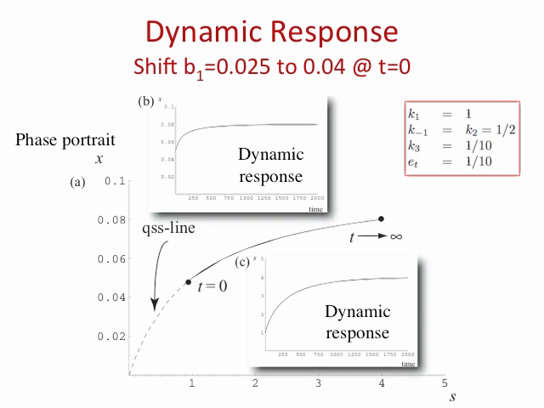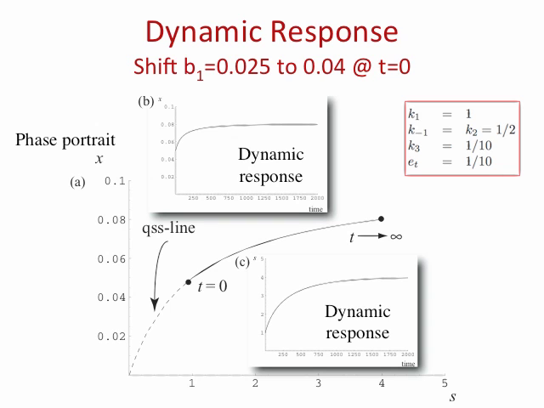We start out with the system in a steady state where the boundary flux is 0.025 and the numerical values of the kinetic constants are given. Then at time 0, we instantaneously change the boundary flux to 0.04 and simulate the response.